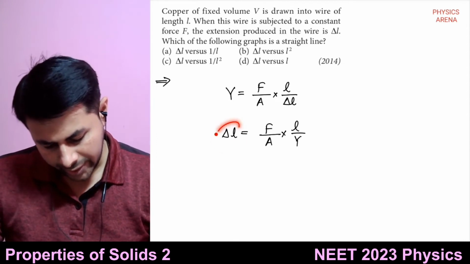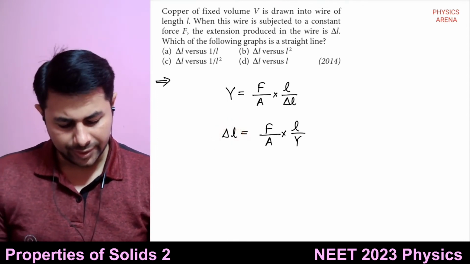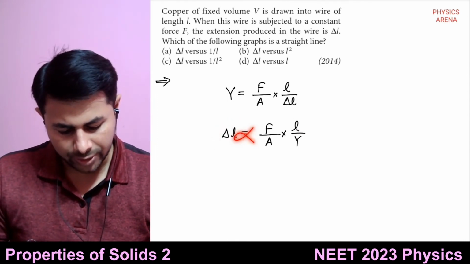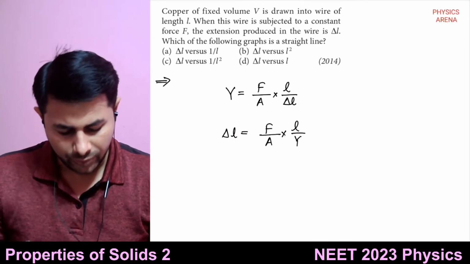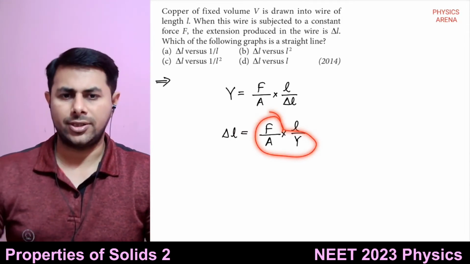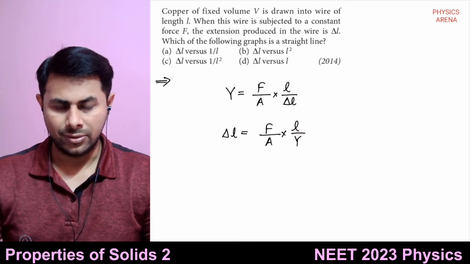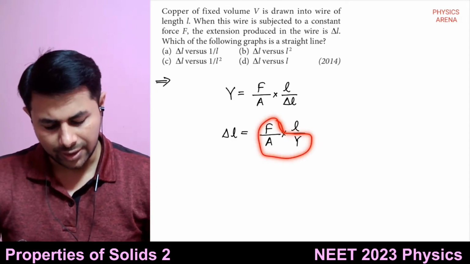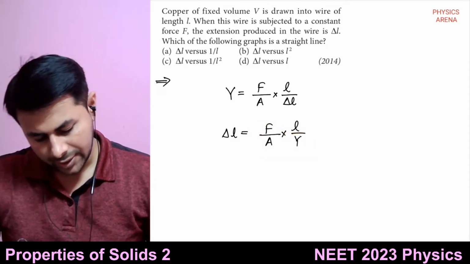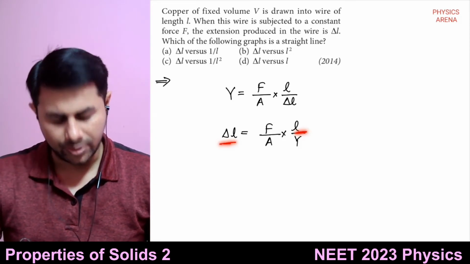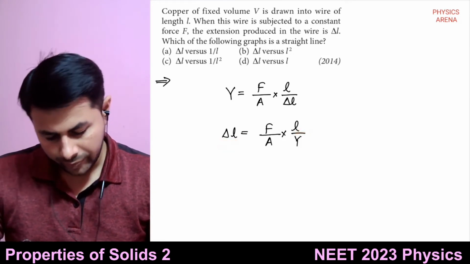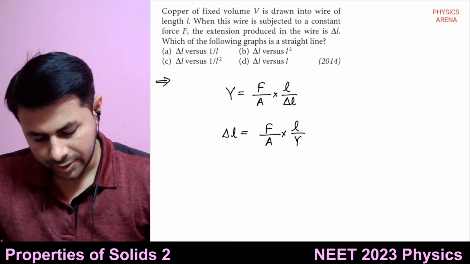But see, delta L here will be proportional to L if all of the other quantities are constant. So see what is constant.